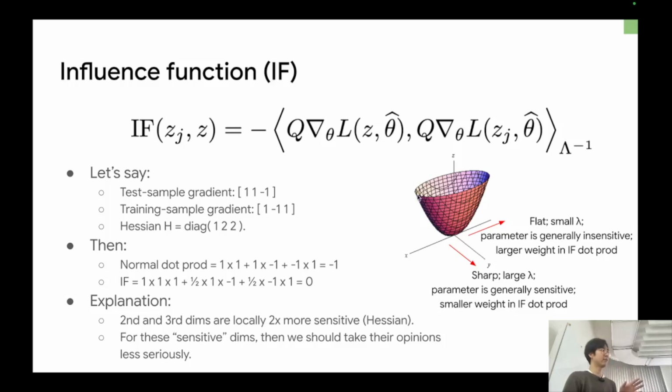Another way I like to think about curvature or the Hessian is you're fitting a paraboloid. So locally, your loss will look exactly like this. So the Hessian is just telling me how much change in loss I'm going to have when I step in this direction versus this direction.